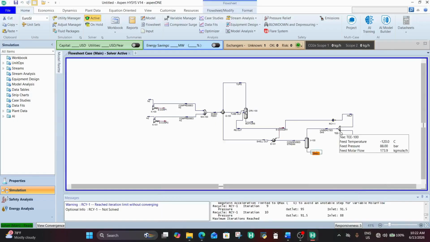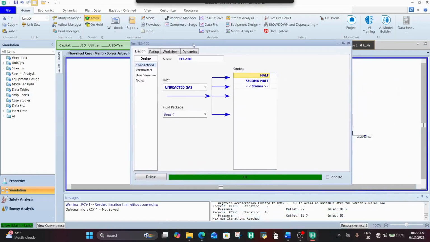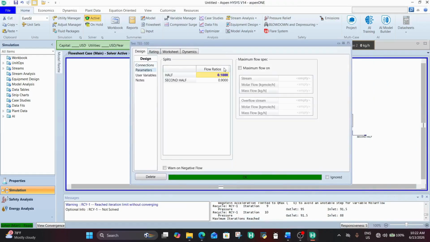Basically, recycling works. You have to make sure the split does not tip the balance of the convergence in your process. It's an issue that keeps recurring regarding recycling, and I'm pretty sure it's a real-world engineering issue too. So you have to make sure your recycling rate does not tip the balance of the process.